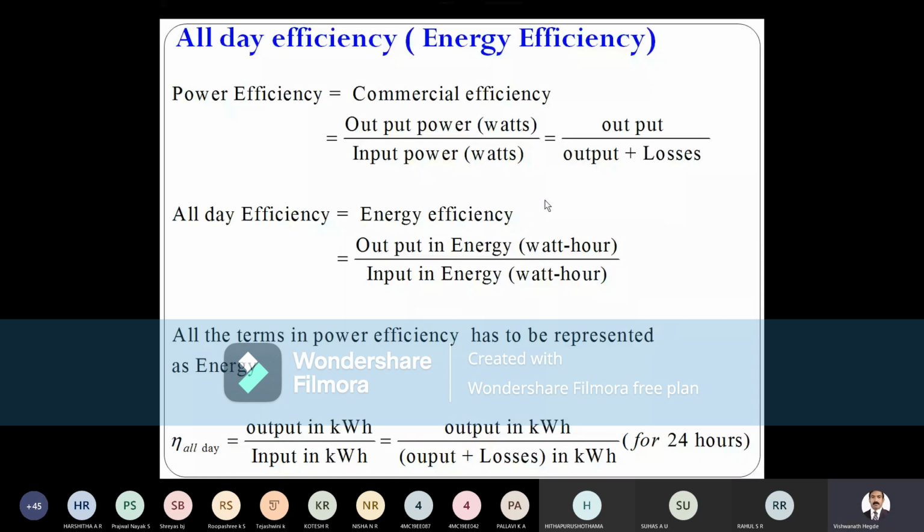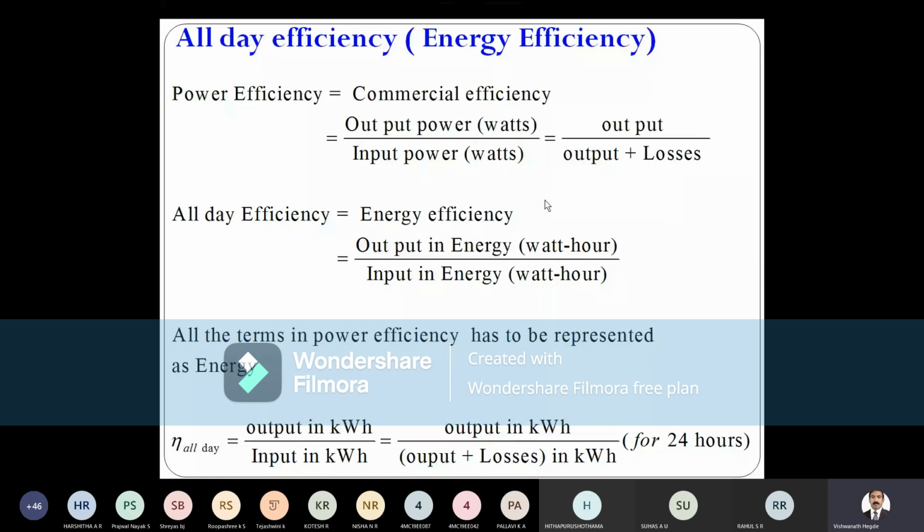For power efficiency or commercial efficiency, we have output power divided by input power. Both are in watts. That we simply write output divided by input, or output divided by output plus losses. So only you have x into V2I2 cos phi 2 divided by x into V2I2 cos phi 2 plus Pi plus x square into PCU or PC. That's our formula.